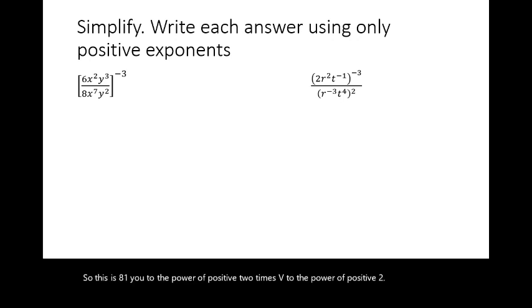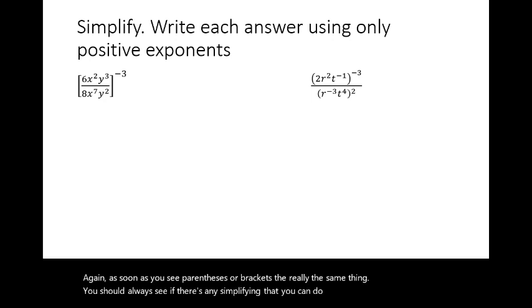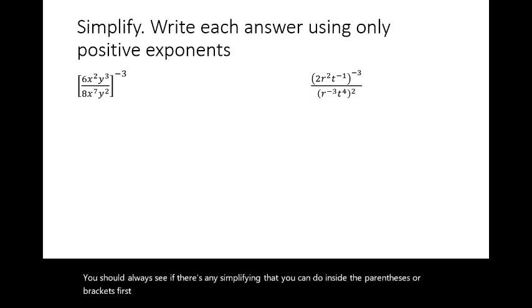Now for this next one, again, as soon as you see parentheses or brackets, they're really the same thing, you should always see if there's any simplifying that you can do inside the parentheses or brackets first, because parentheses, in order of operations, always go first. So in the brackets here, I have 6x squared y to the third over 8x to the seventh y squared.